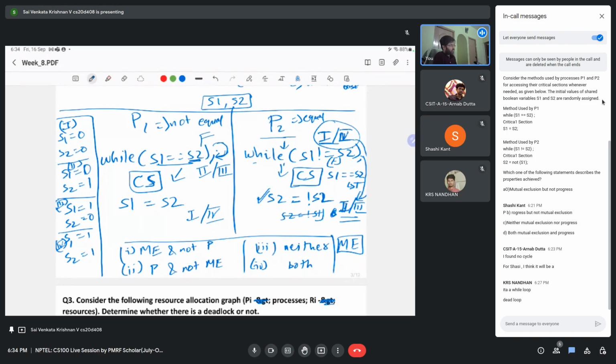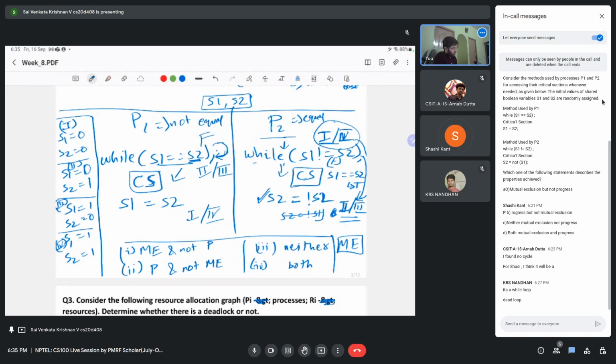That's your question. My question is, we are taking the case of first and fourth, where both conditions are equal, and P2 doesn't want to enter the critical section.